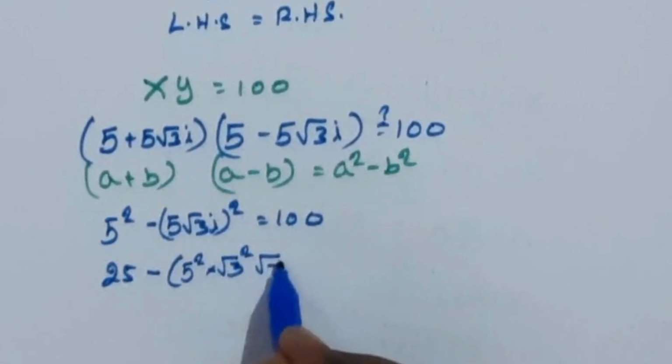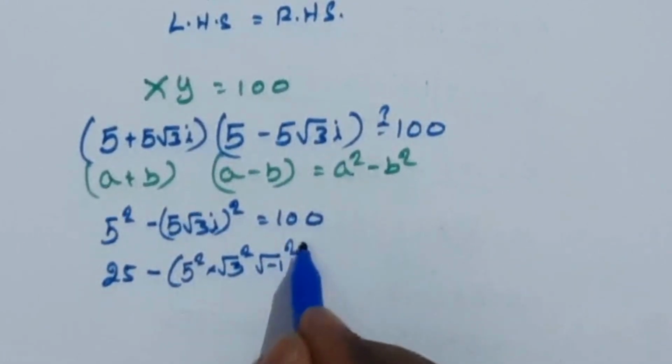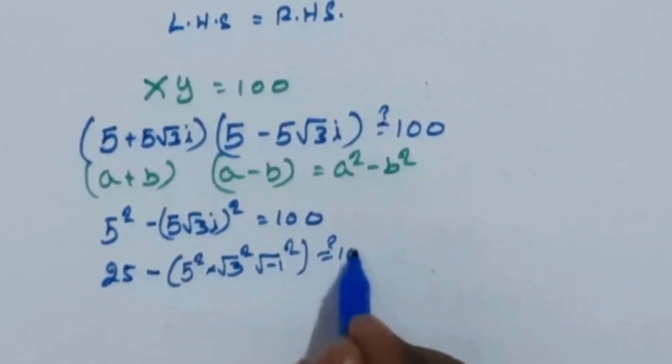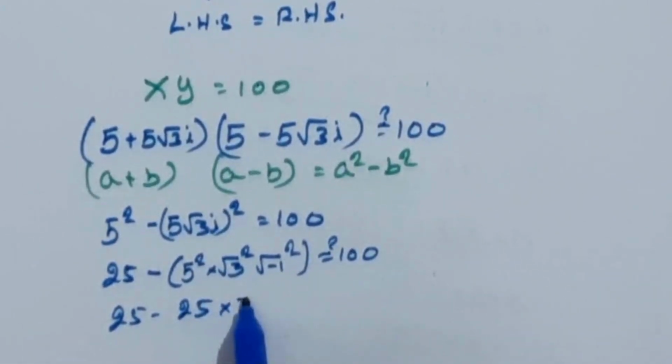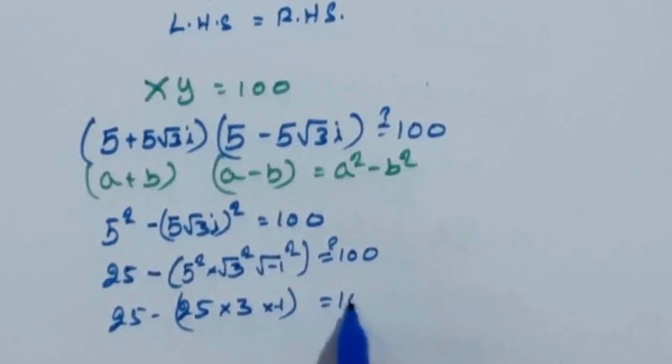This i square is minus 1. Now 25 minus 25 times 3 times minus 1 equal to 100.